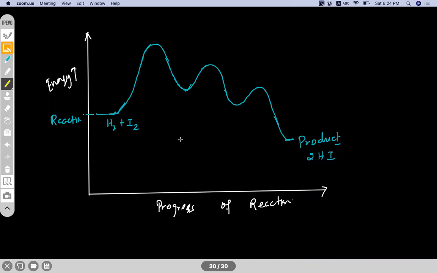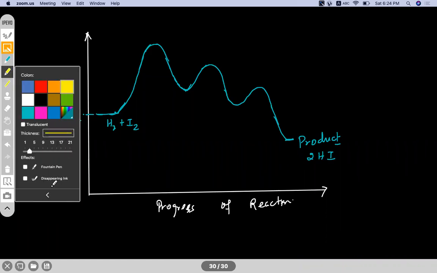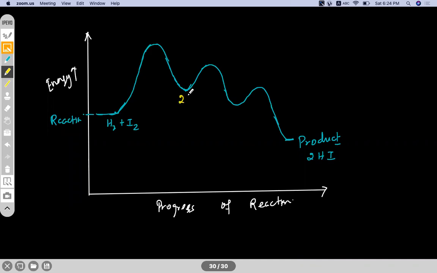But here you just assume these two collide, energy increases, forms an activated complex, and then it converts into the intermediate, which is 2I over here. I'll just do some correction here. We have taken H2I2, but the reaction is taking place, meaning I2 is converting into 2I, the first intermediate we have here.